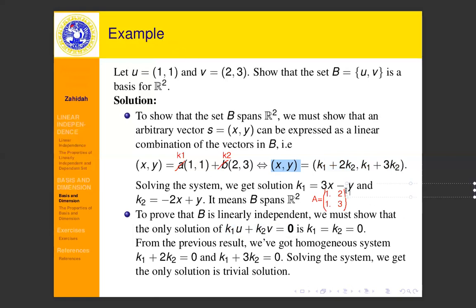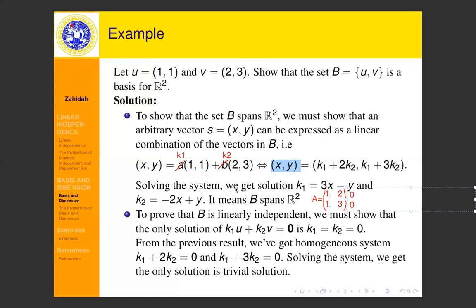We operate on this augmented matrix, and we get k1, k2 is 0.